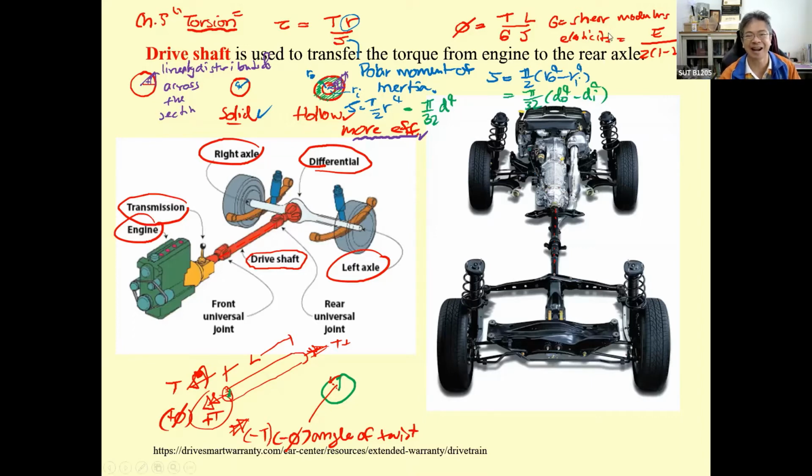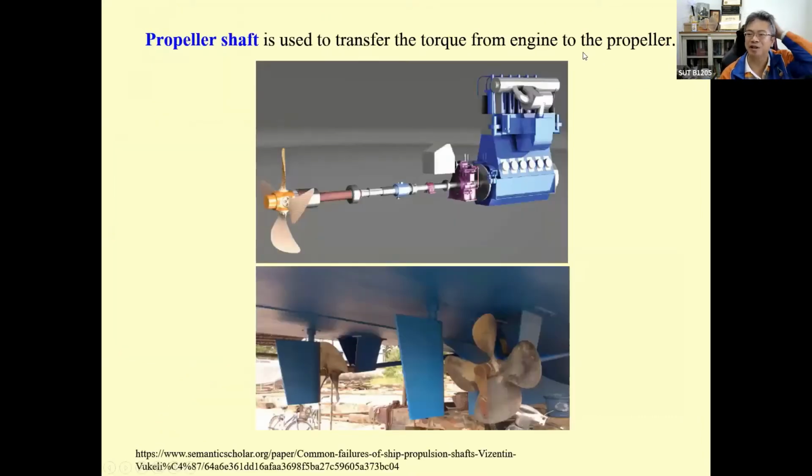Okay, and let me talk about the power shaft. They are the shafts that are used to transfer the torque from the engine to the propeller of a ship. That's also involved with a ship, not only the car.